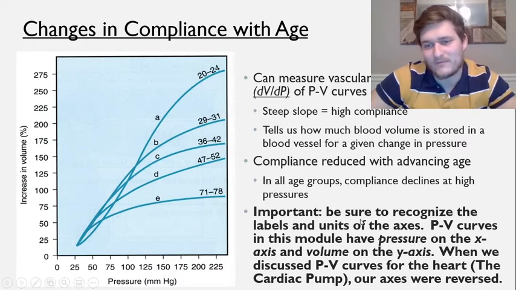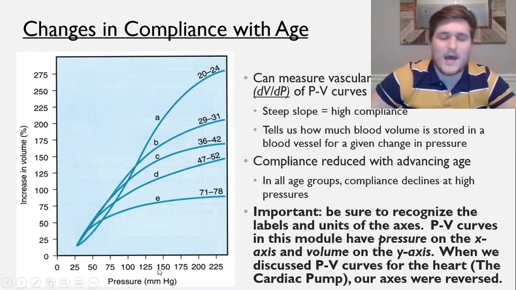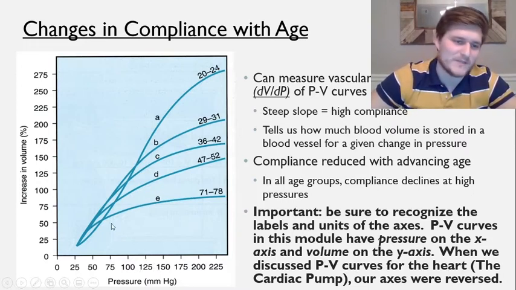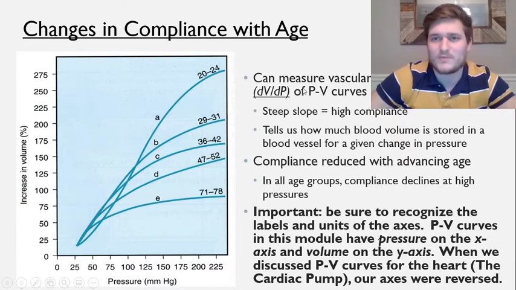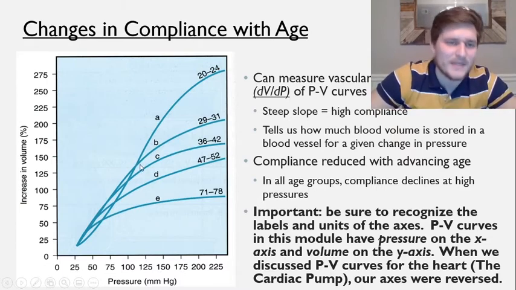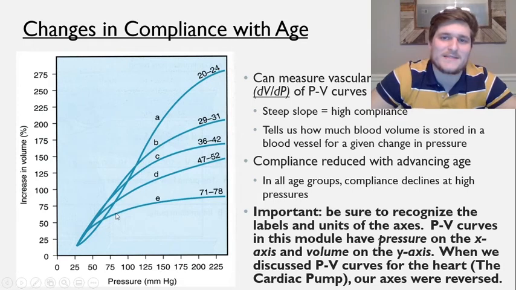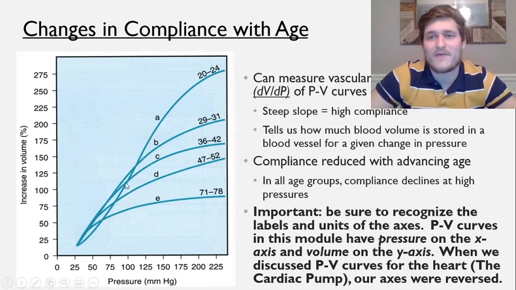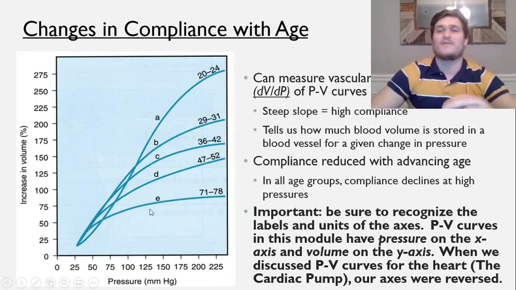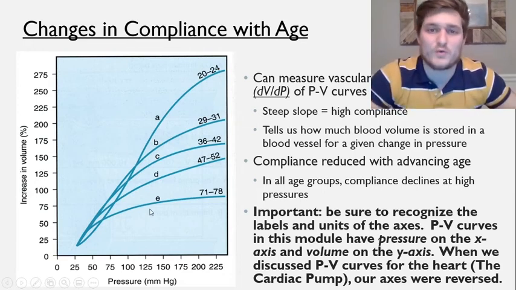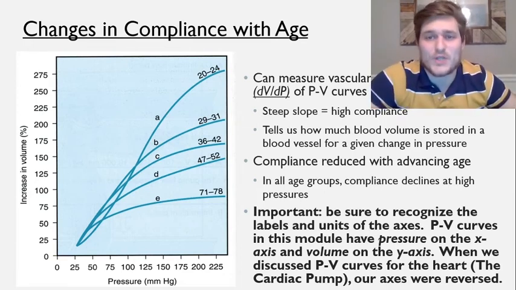When we looked at that for the heart, these axes were reversed. But ultimately, looking at the differences between pressure and volume gives us a sense of compliance. And when we have a steeper slope, we have a high compliance, and this gives us information about how much blood volume is stored for a given change in pressure.